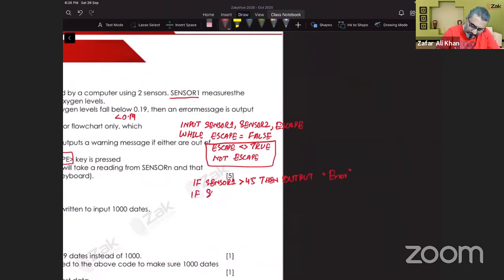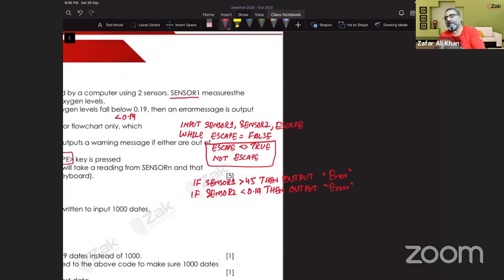If sensor 2 is less than 0.19, then output "error". Whenever you want the system to output something in text form, we have to put that in double quotation marks.